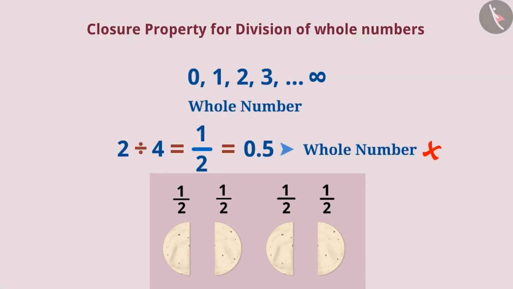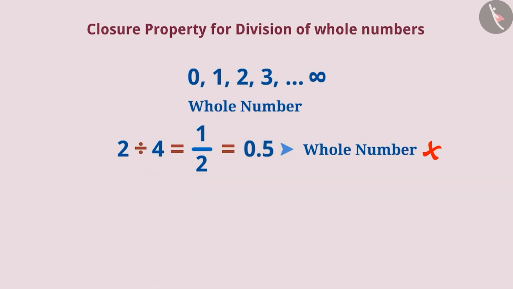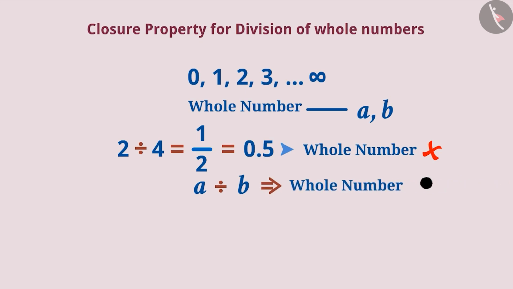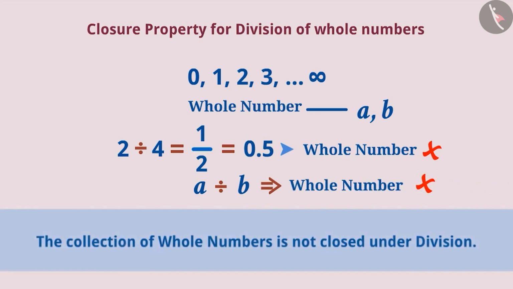That is, the result of 2 divided by 4 will be 0.5. The number 0.5 is not a part of the collection of whole numbers, so it is not a whole number. Hence, the result of division of any two whole numbers is not always a whole number. So, the collection of whole numbers is not closed under division.